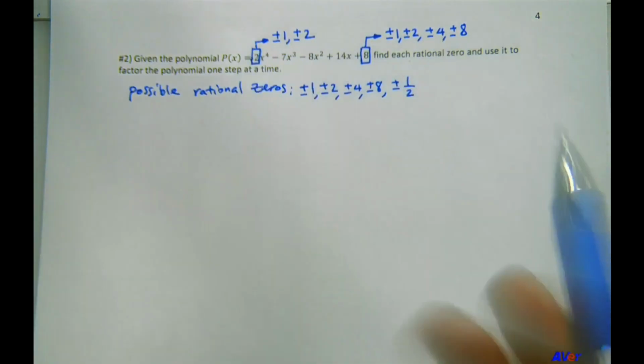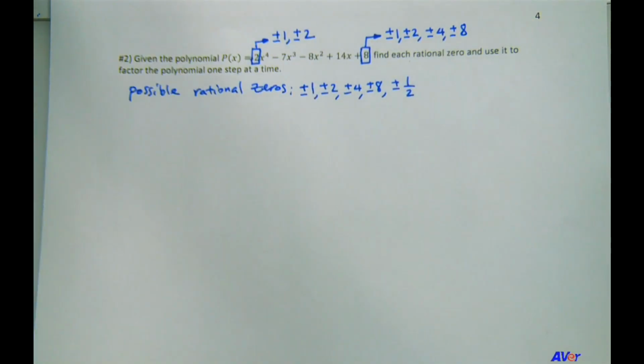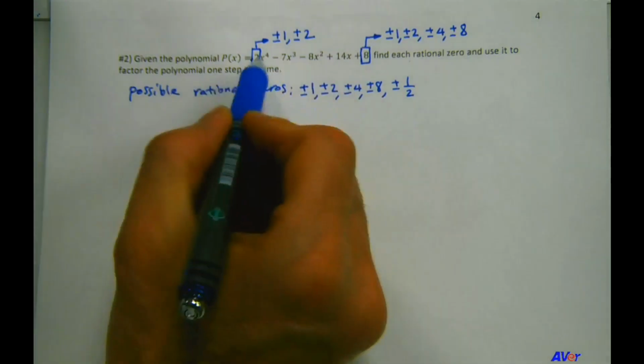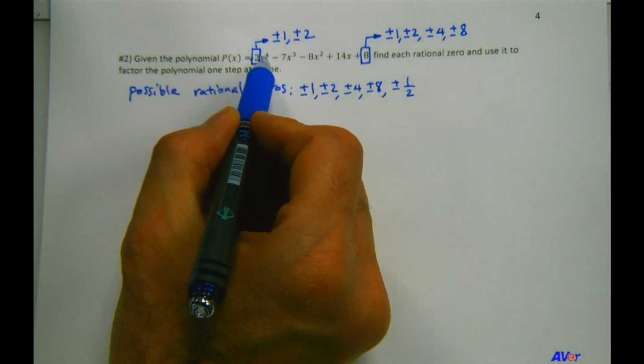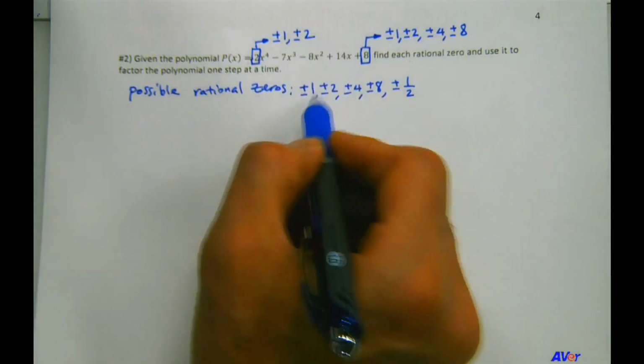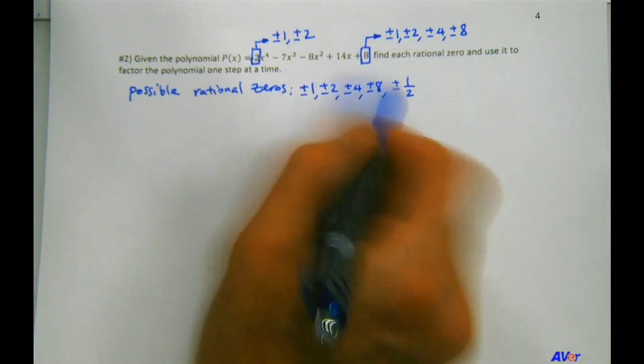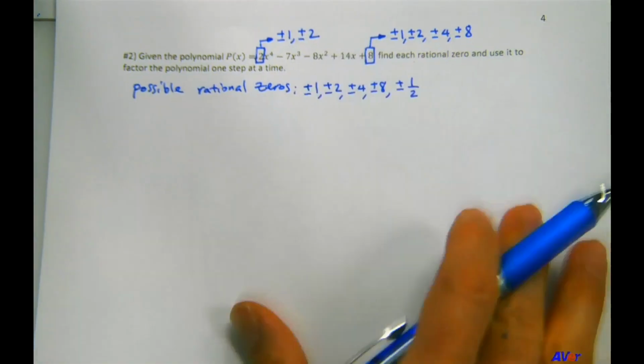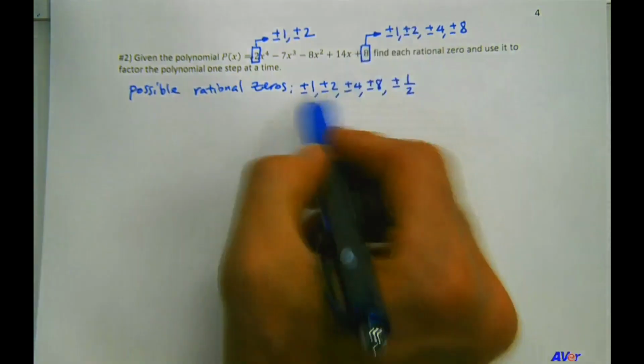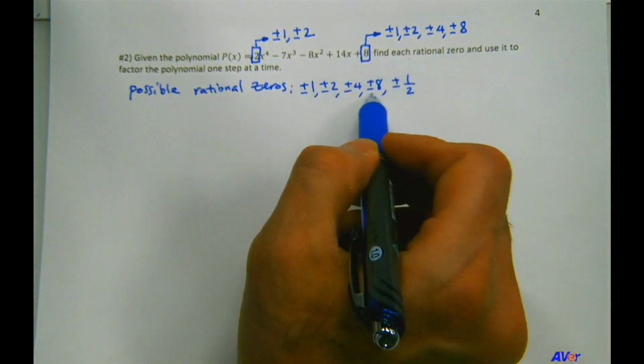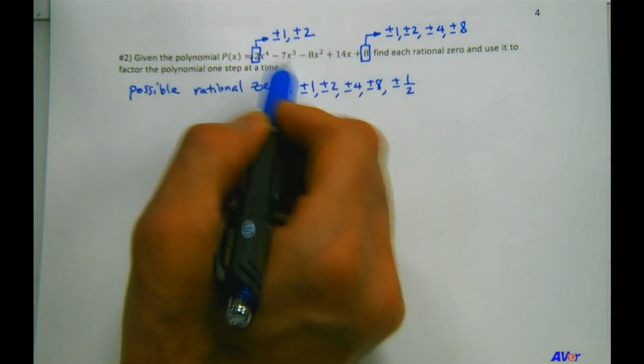Now, what is the maximum number of rational zeros we can have here? Can you tell? Well, the maximum number of rational zeros will be equal to the degree of the polynomial, which is 4. So for sure, we know 6 out of 10 of all of this will not work. Which 4 of these possibilities will work, we'll have to test one by one.